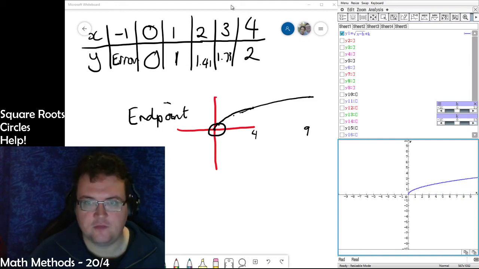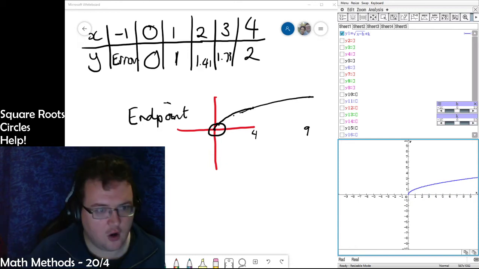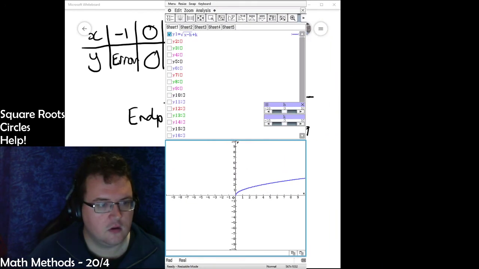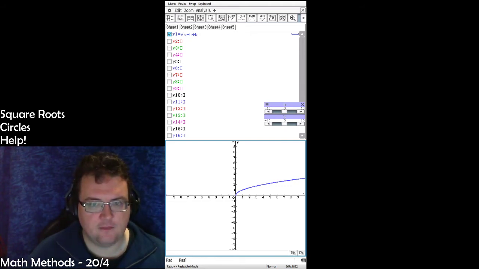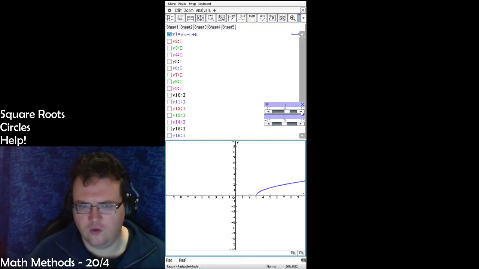I have it set to 0. The graph exists there, so I'm just going to quickly move it over here so you guys can all see better, I hope. If I change the h value, similar to how when we move graphs, if we increase h, ooh, hang on, that's a bit different than normal, isn't it?